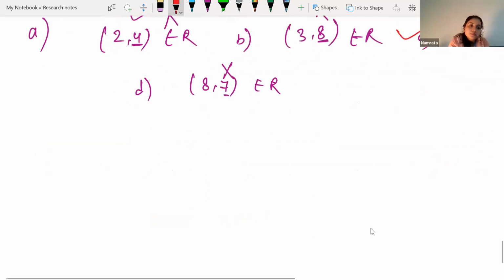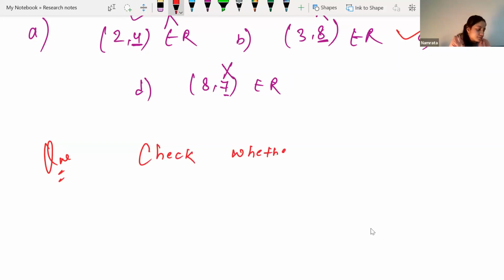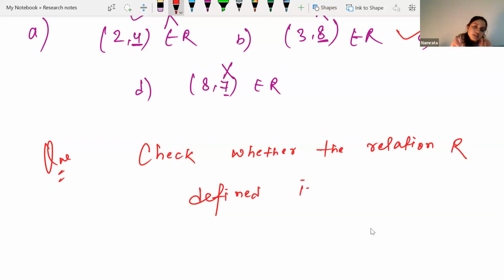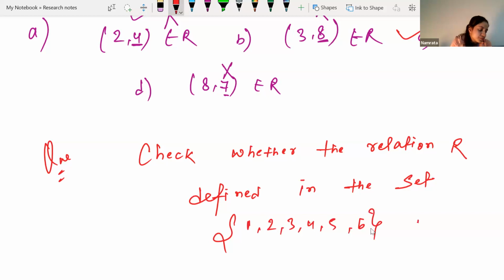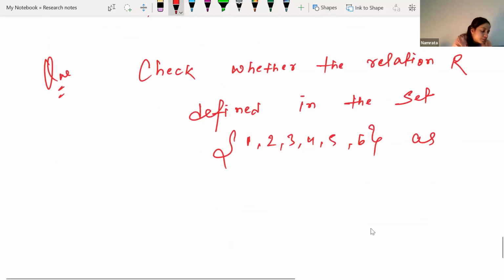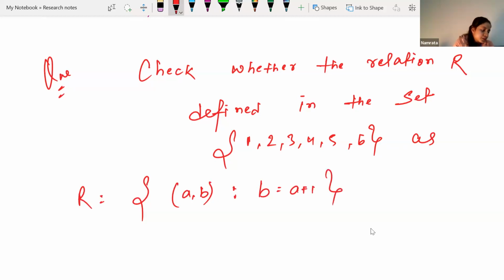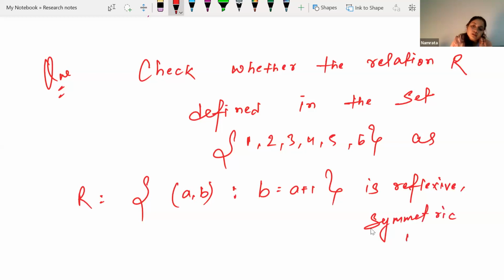Now the next question is: check whether the relation defined in the set {1, 2, 3, 4, 5, 6} as R is equal to the set of all ordered pairs (A, B) such that B is equal to A plus 1 is reflexive, symmetric or transitive.